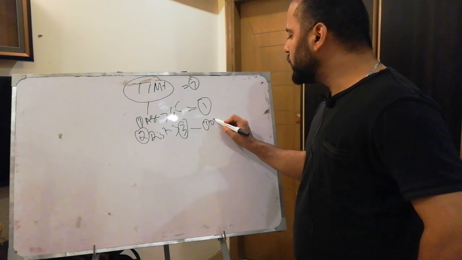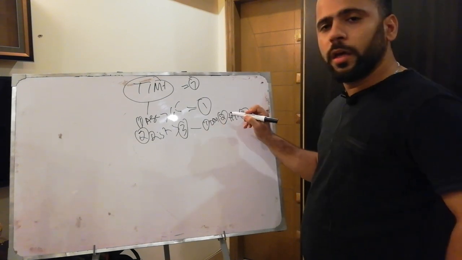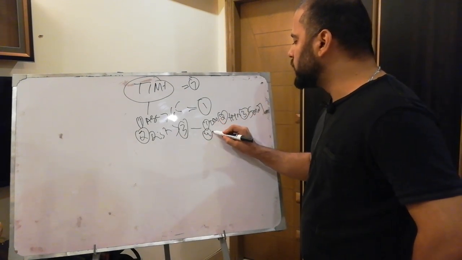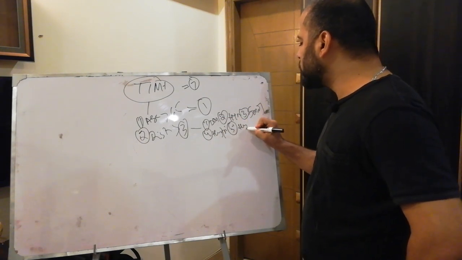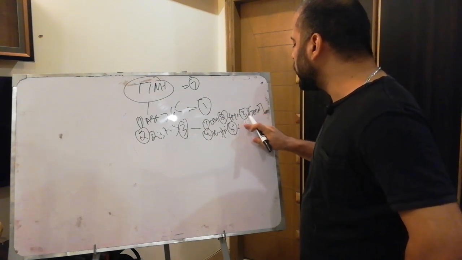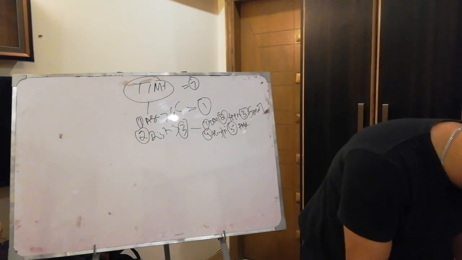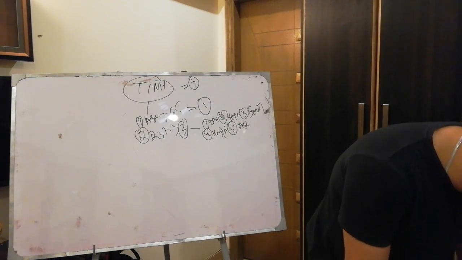One is diabetes, 2 is hypertension, 3 is smoking, 4 is hyperlipidemia, 5 is hypercholesterolemia. Sorry, family history, okay. These are the things which come into risk factors, okay.